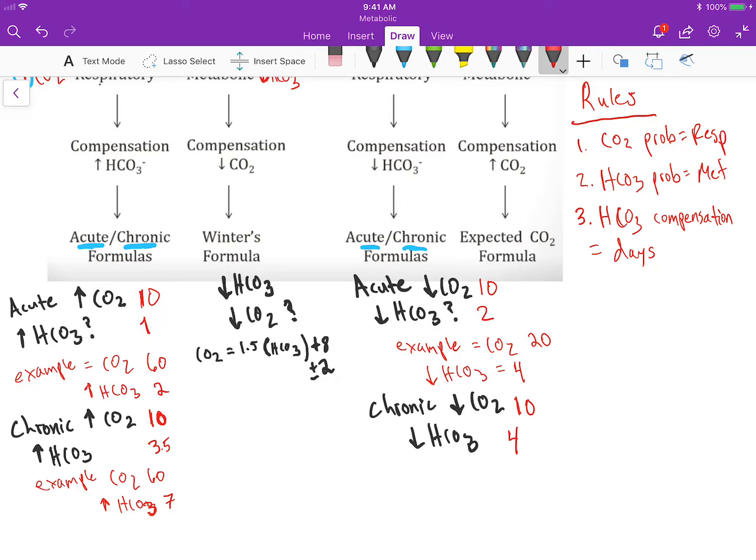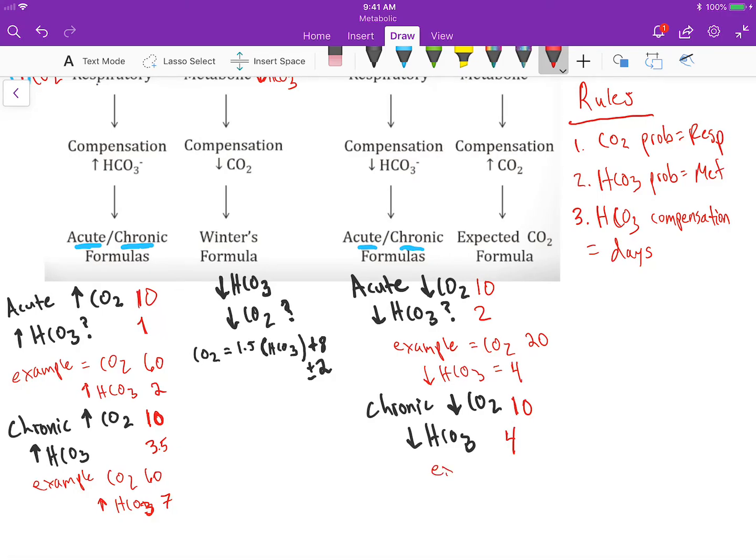Anyways, sticking with our same example here, CO2 is 20. Then we'd expect the change of bicarb to be 8.